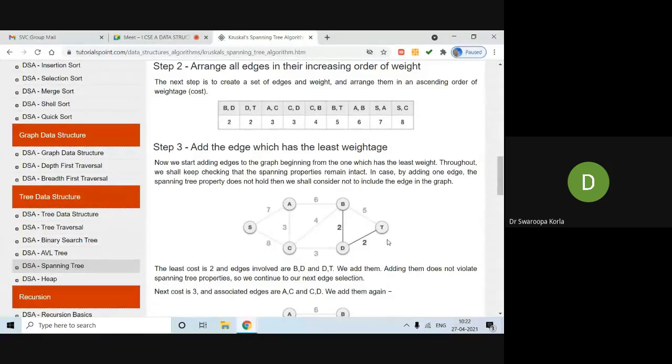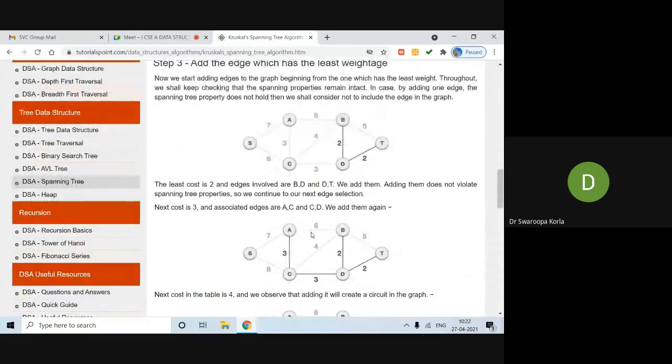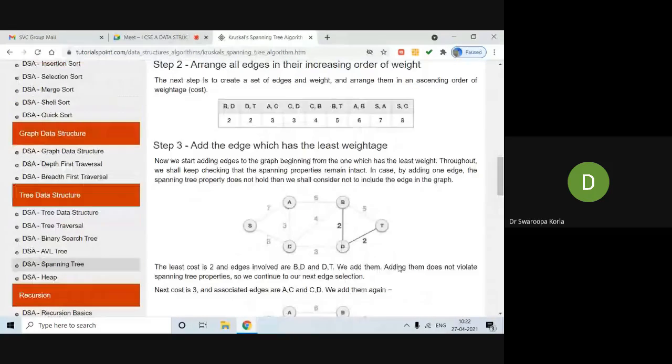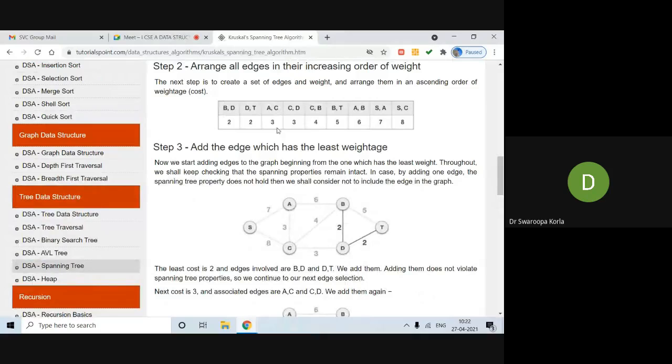And what is the next edge value? A to C is 3. Observe the table. Follow the step 2 table throughout the last step. Now B to D is already added, D to T is also added. The third entry of the step 2 table is A to C, that is 3.